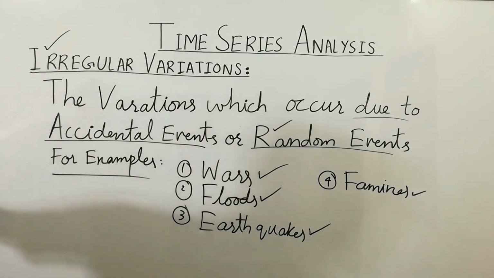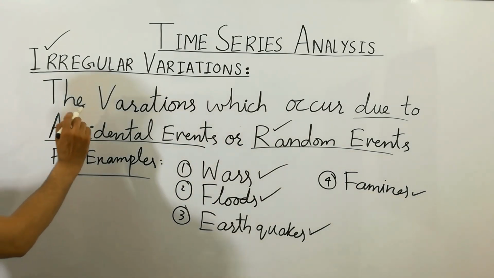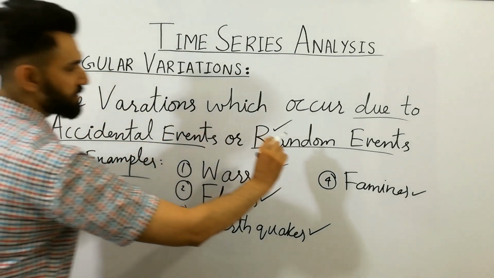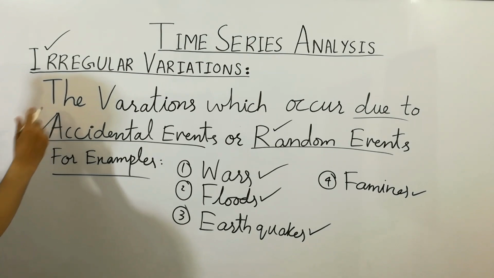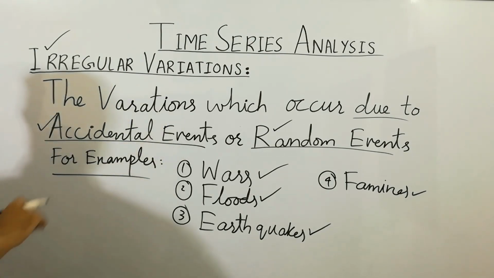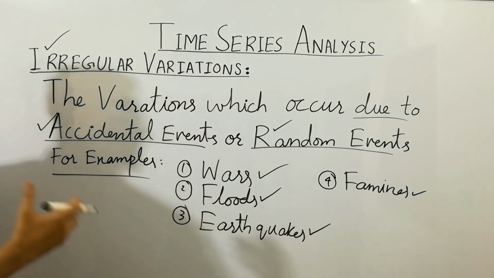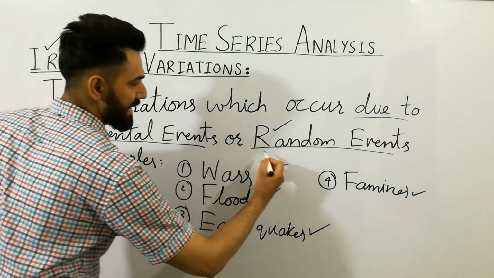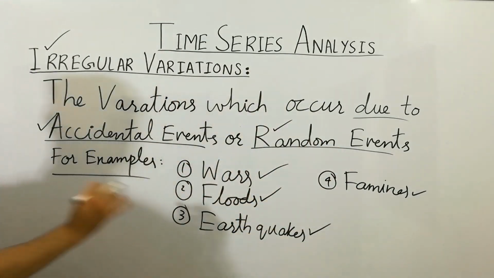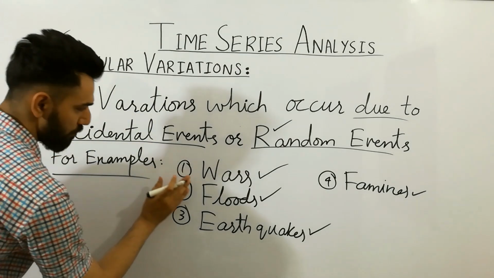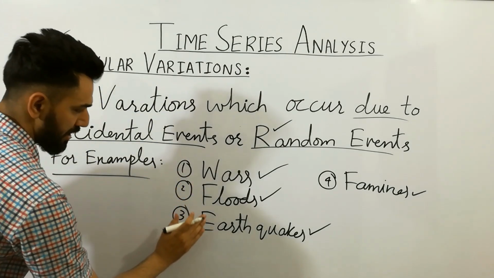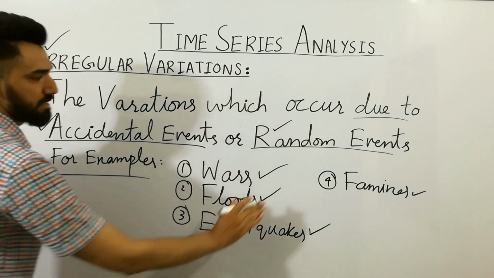What are irregular variations? You can say the variations which occur due to accidental events, which occur in sudden and random events, are called irregular variations. For example, wars, floods, earthquakes, famines.